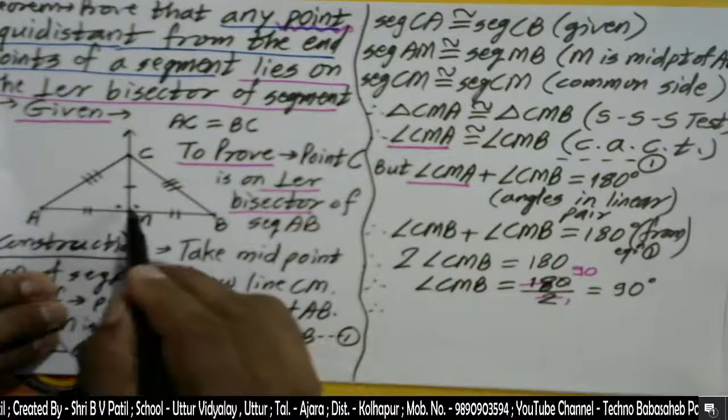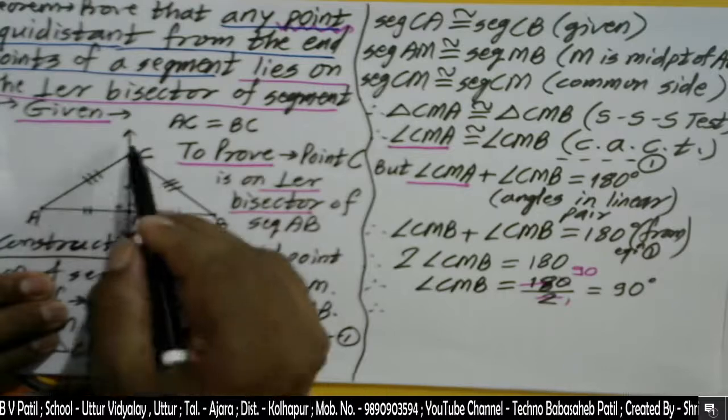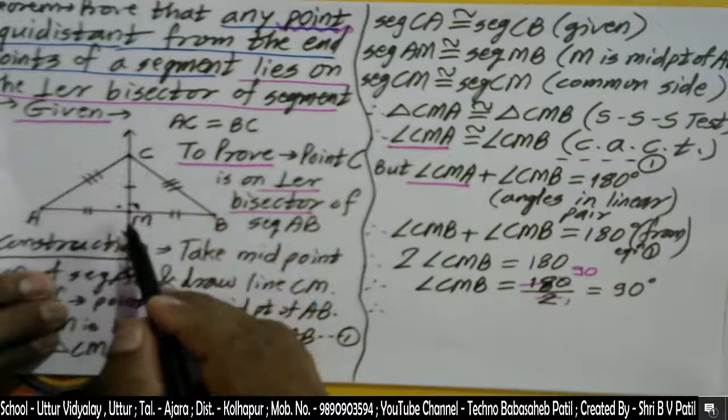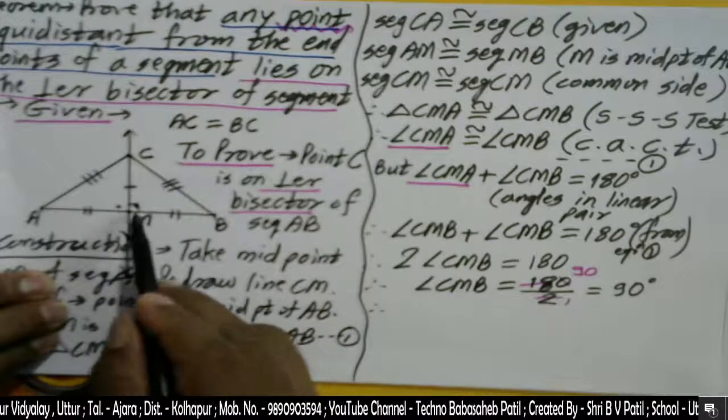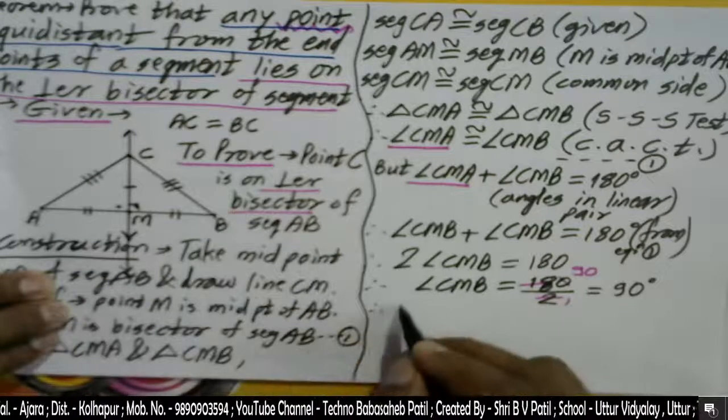Therefore this angle is 90 degrees, which means that line CM is perpendicular to segment AB.